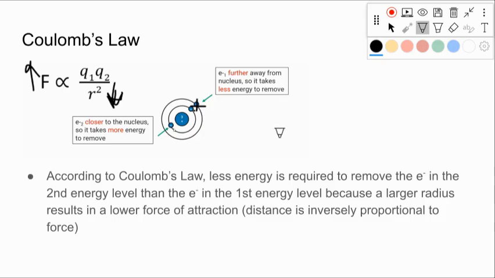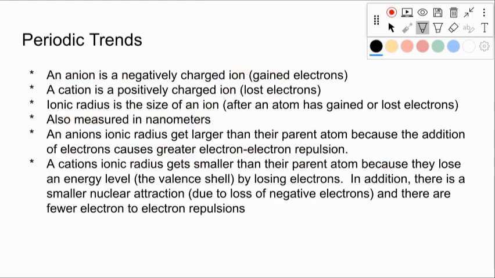So when an atom becomes a cation, it loses those electrons and becomes a smaller radius. On top of that, there are fewer electrons to have that electron-electron repulsion.